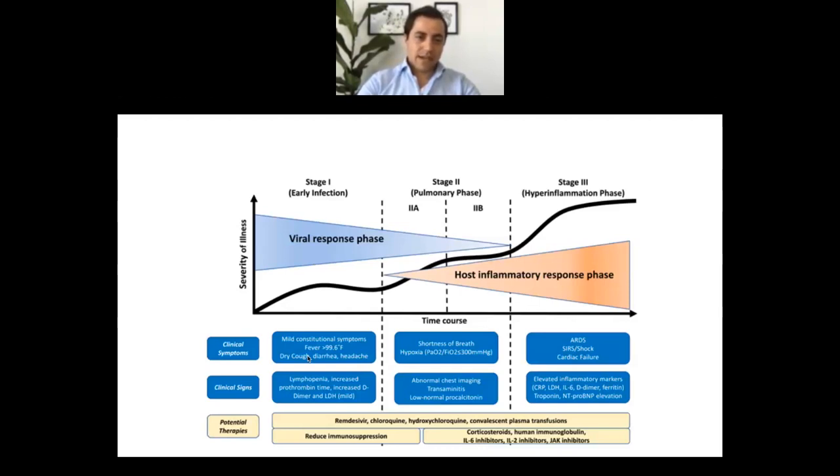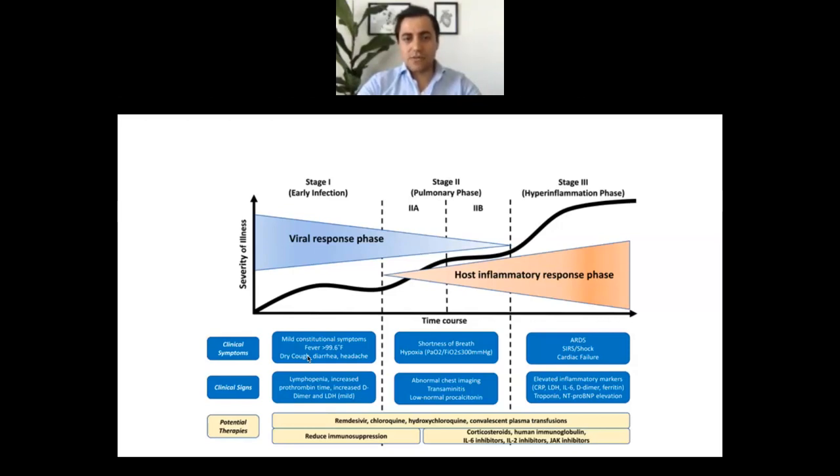This is a really nice overview of the disease, which is a multi-stage disease and fluent. It starts with low severity, and the early stage, stage 1, is mostly a viral response phase with mild symptoms. The patients usually don't need to be hospitalized.